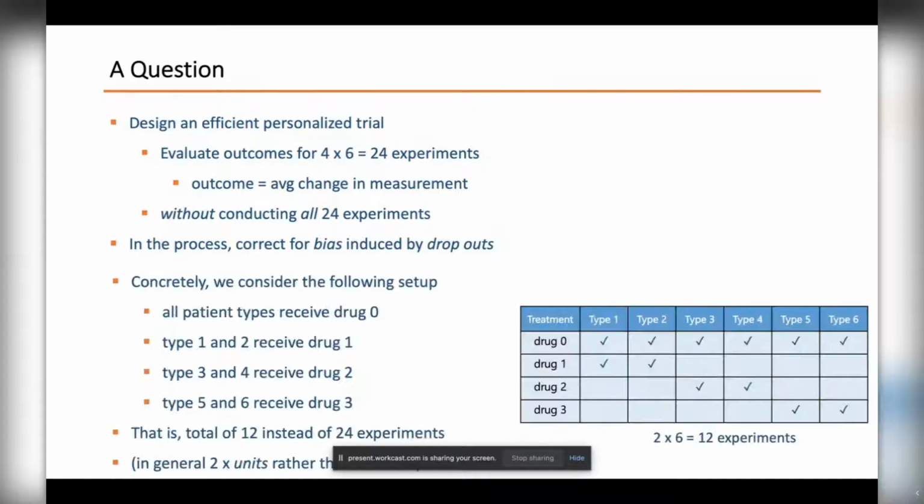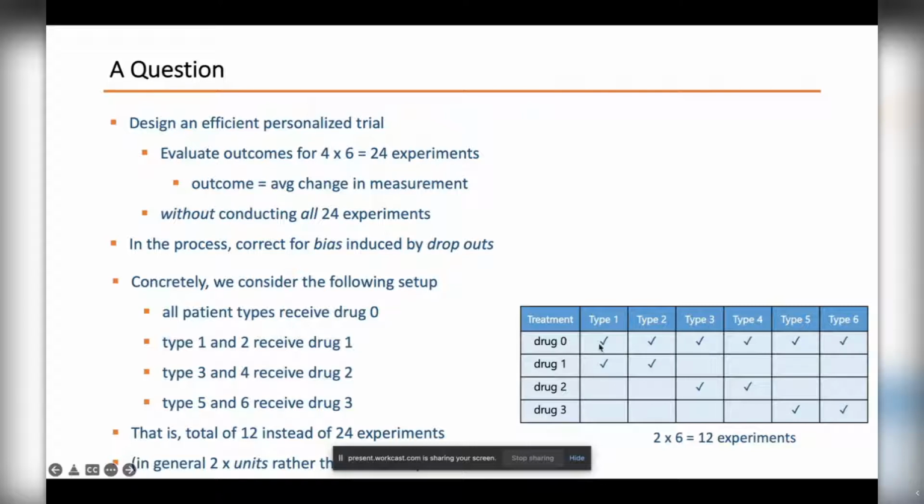Okay. So in summary, here's the setting that we will consider. Imagine that to the method, to the algorithm, to the problem solver, we will give data of the following type. For treatment 0, for all the patient types, we have the data available. That means these 6 experiments are done.